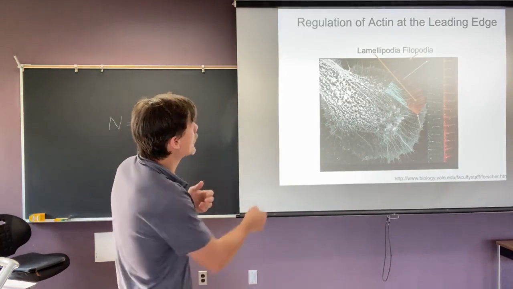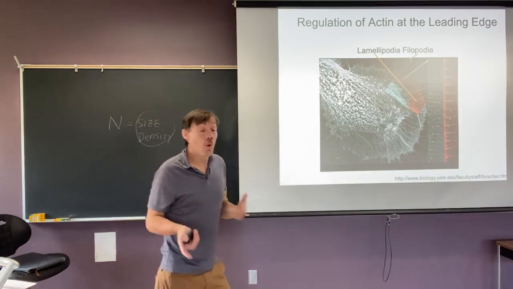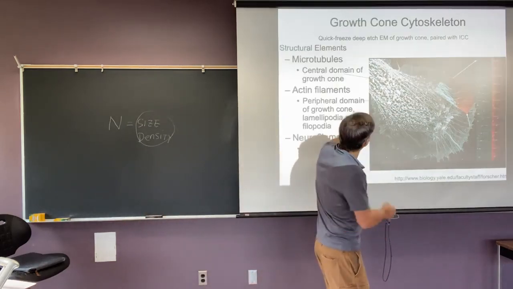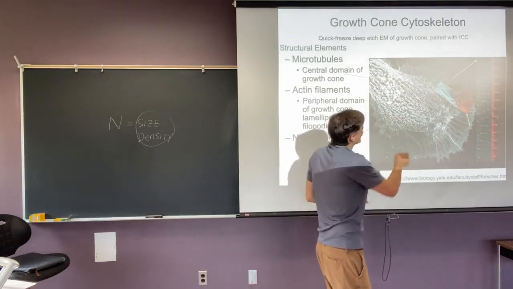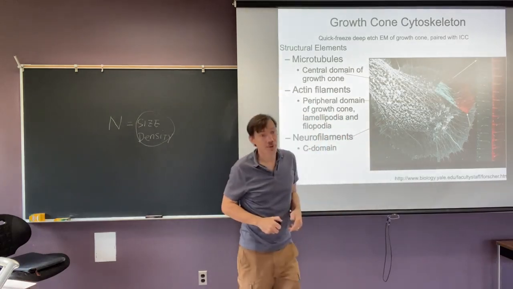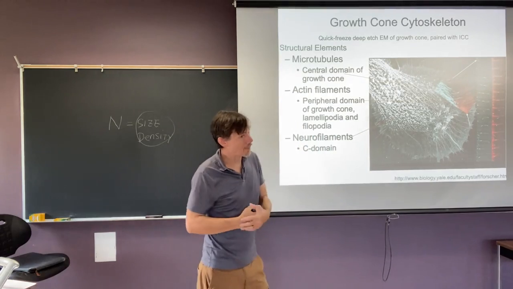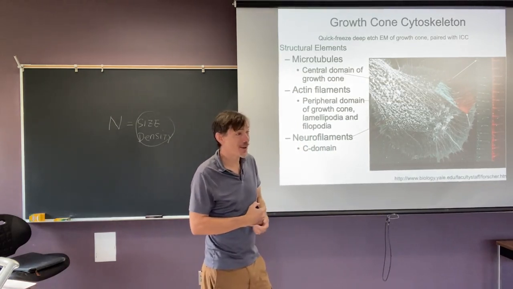Yep. So, oh, this is actually kind of nice. One thing that's really cool about this figure, we've got what's called a quick freeze deep etch EM of a growth cone, and it's paired with immunocytochemistry. People are familiar with quick freeze deep etch electron microscopy?